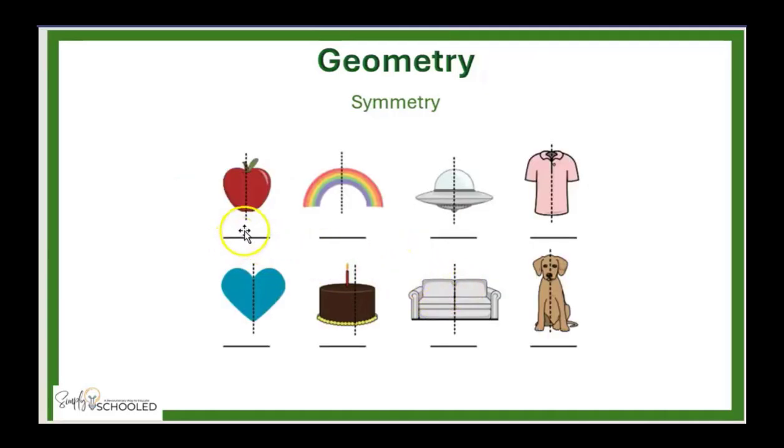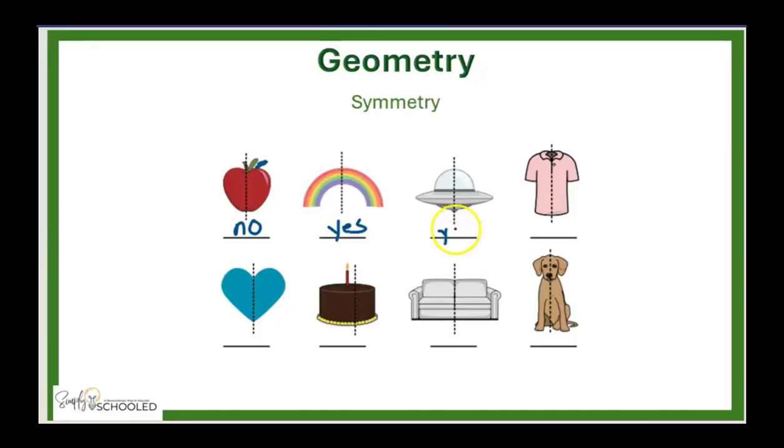Now let's look at some shapes. Look at this apple. You might look at this and at first think it is a line of symmetry, but it is not because look at this leaf that's on this side. There's not one on the other side. So no, that is not a line of symmetry. On the rainbow, yes, that is a line of symmetry.